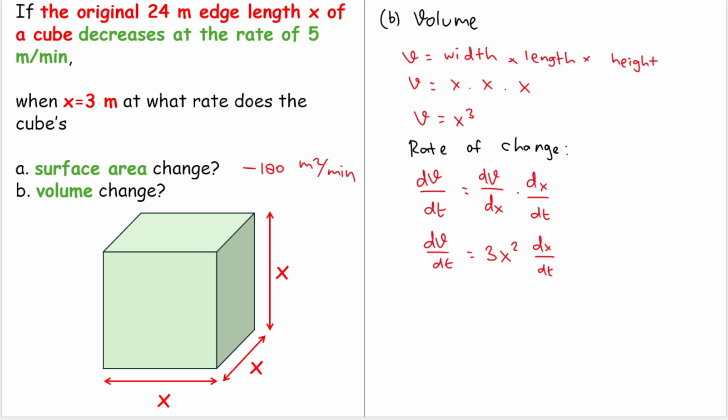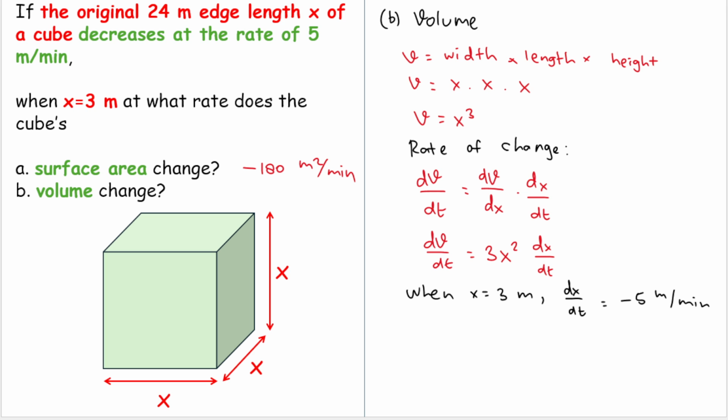And we can just plug in the numerical values here. So when x is equal to 3 meter, dx/dt is equal to minus 5 meter per minute.